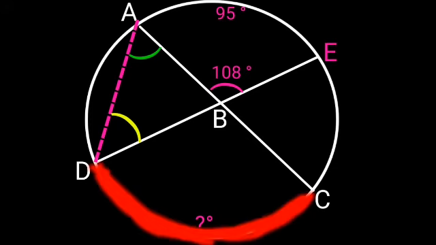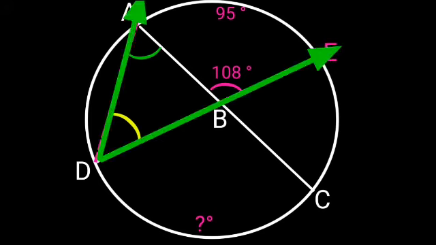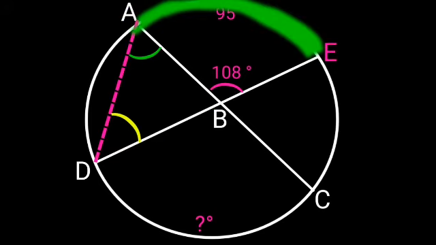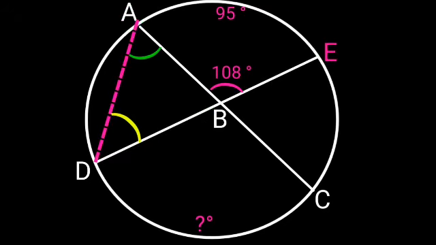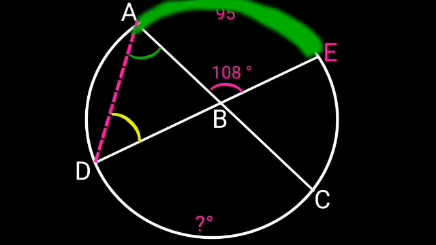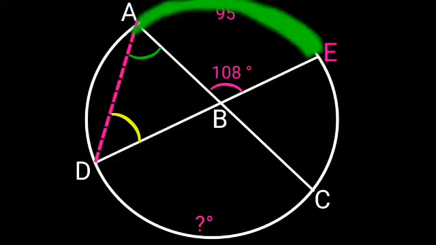For this example, we join points A and D. If we consider angle ADE and arc AE, angle ADE is an inscribed angle and this angle intercepts arc AE.